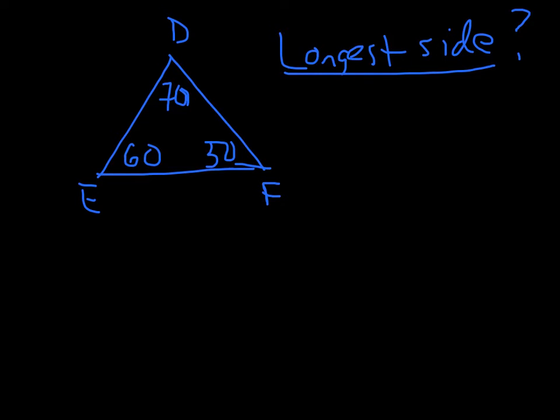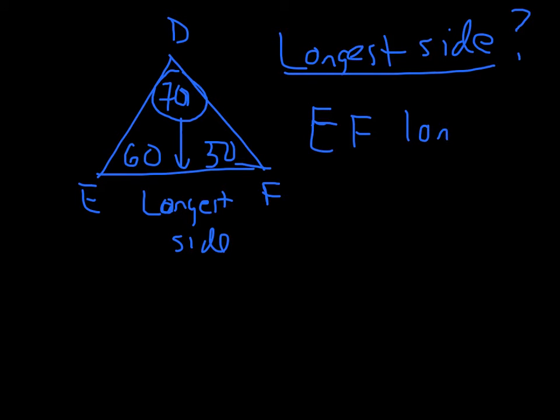Once again, it's not drawn to scale, but it seems plausible that if across from the longest side is the largest angle, therefore, if we want to find the longest side, we look for the largest angle. We go across from it. So therefore, side EF is the longest side.